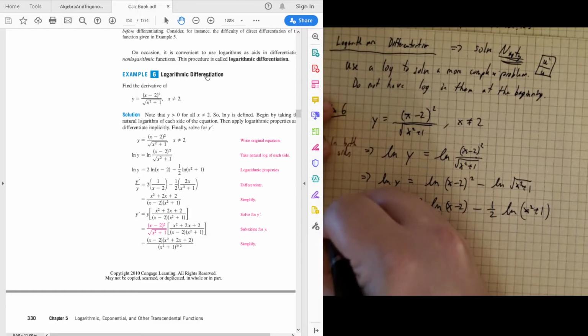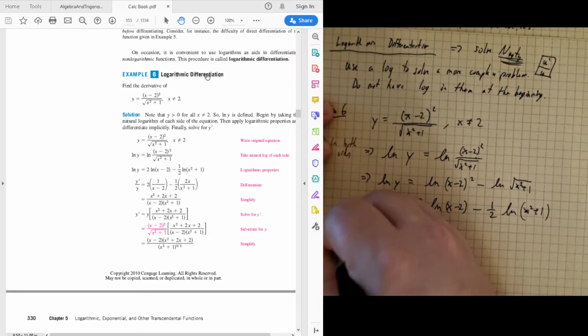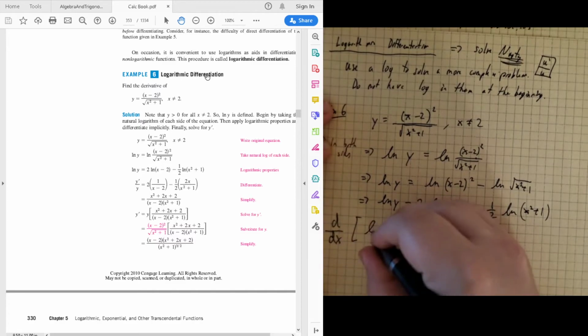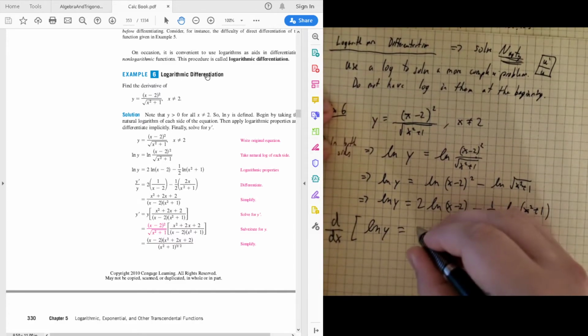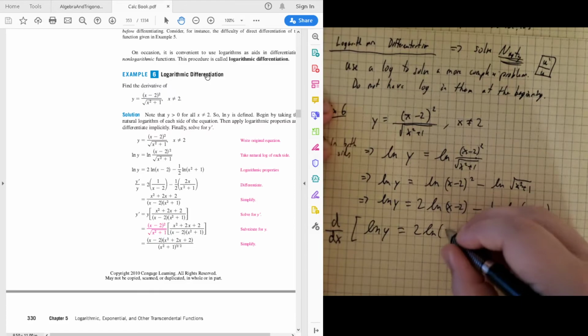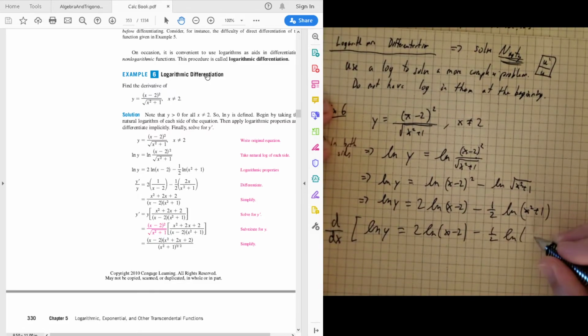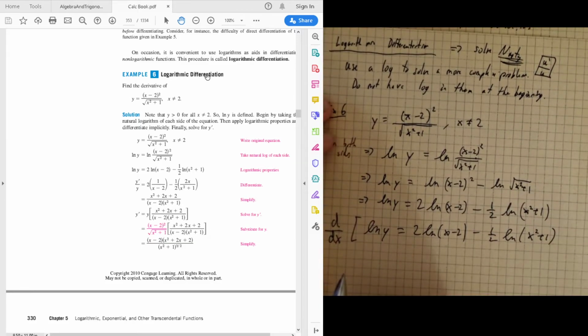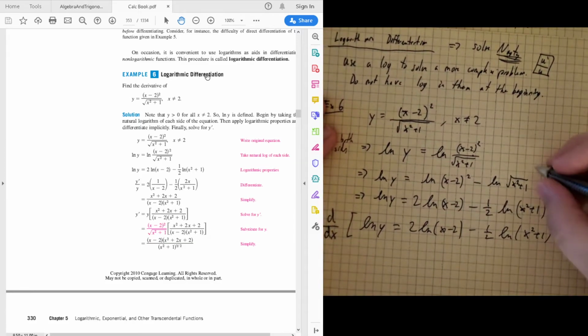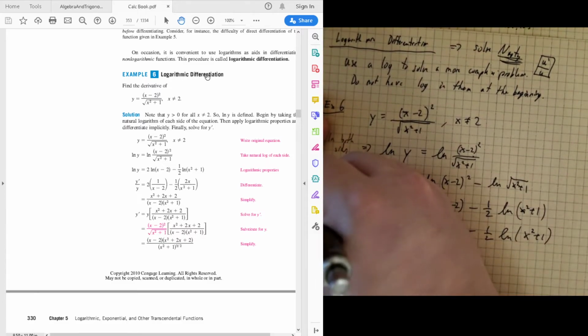So now I'm going to take the derivative with respect to x. Now when I do that, it's going to force the right-hand side to do exactly what I expect. But on the left-hand side, I'm going to get something referred to as implicit differentiation.